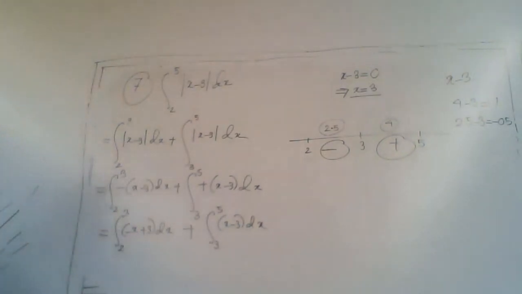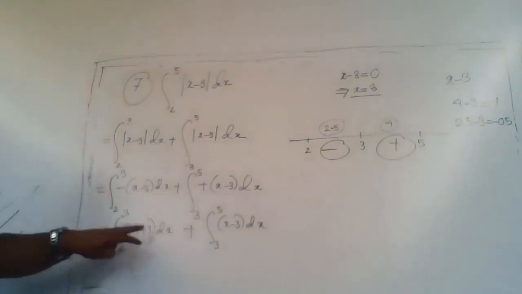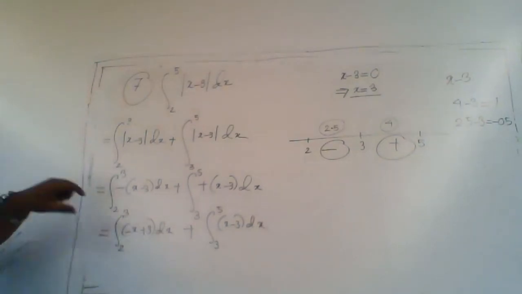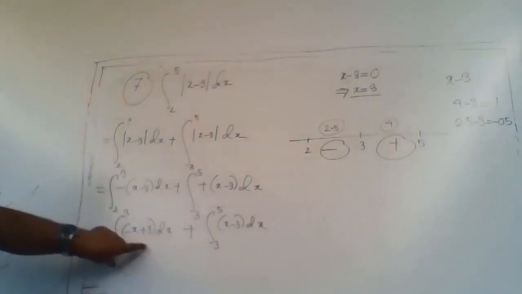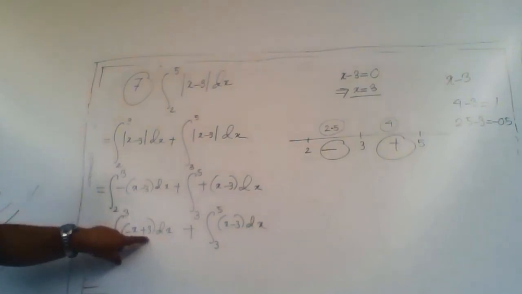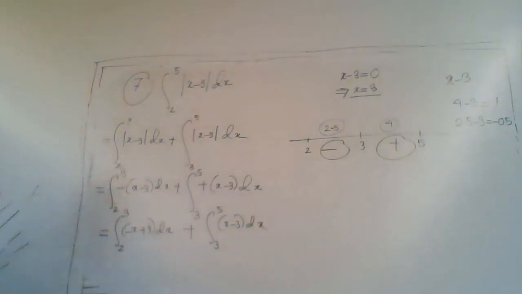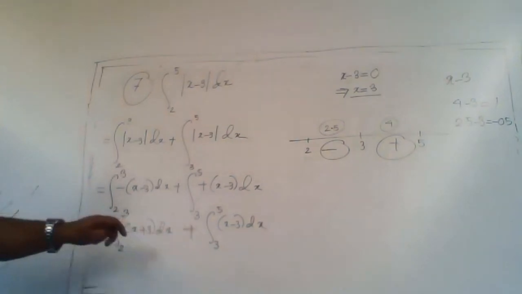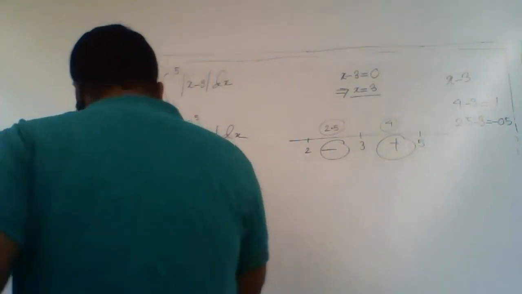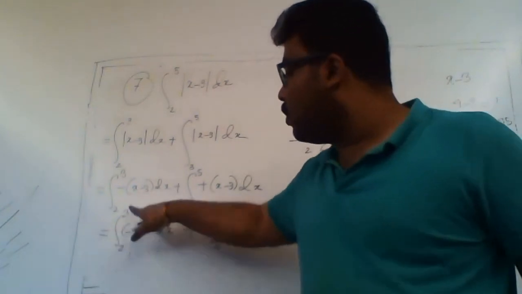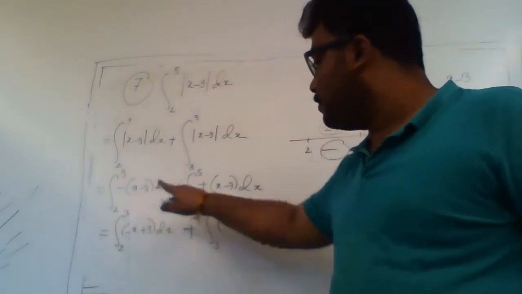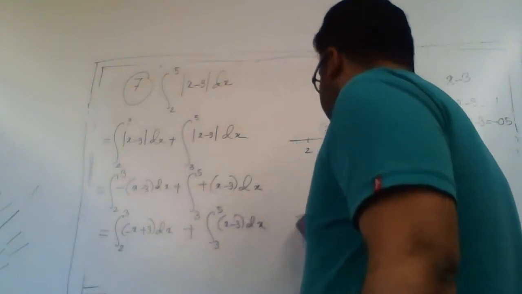To find the value of the integral from 2 to 3 of minus x plus 3 dx, we have to first find the indefinite integral and then the definite integral. Let's do it in a shortcut way. Since we have to find the indefinite integral, just forget these two limits and do it as follows.